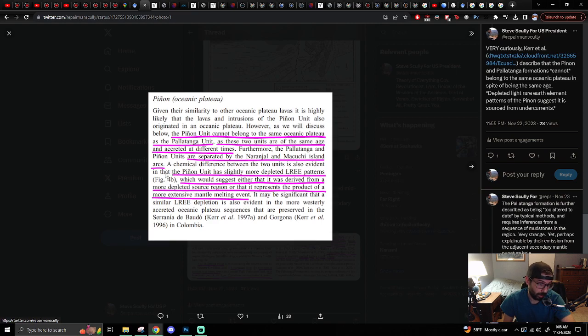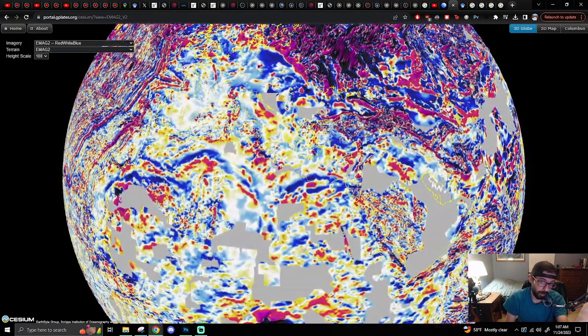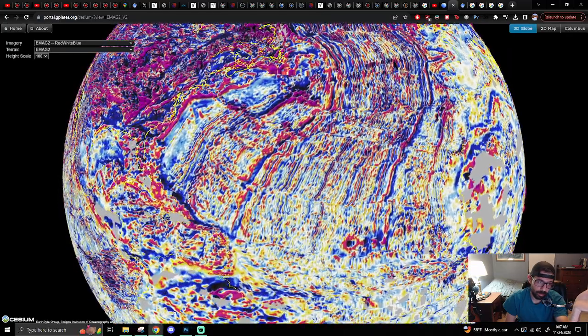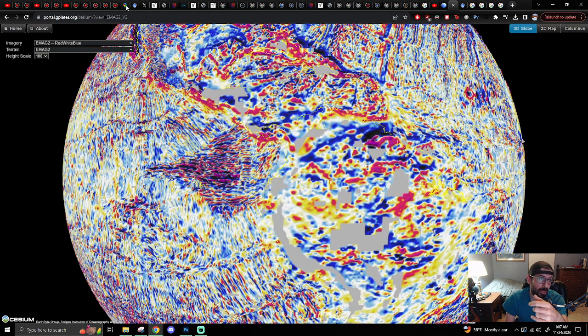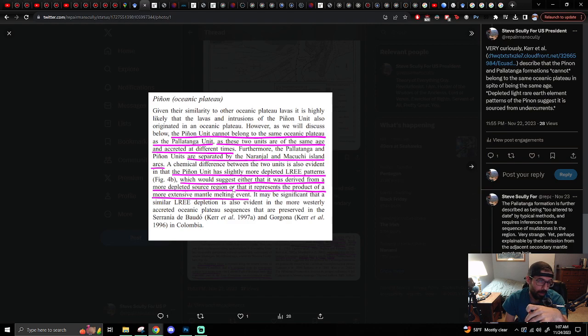This is where it's really irrefutably different, in that the Pinon unit has slightly more depleted light rare earth element patterns, which would suggest either that it was derived from a more depleted source region, like a current flow that flowed this whole length and became depleted in light rare earth elements, flowed over here, became relatively depleted compared to this one, to a point where its geochemical signature is different, or that it represents the product of a more extensive mantle melting event.